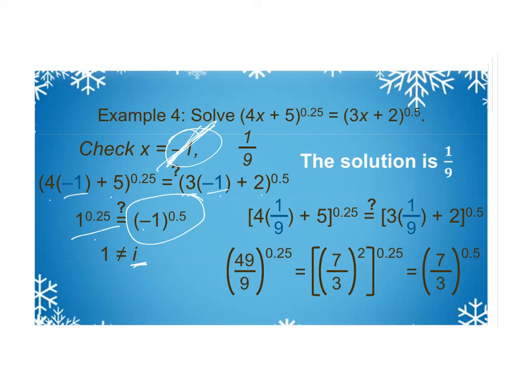1/9. We plug in 1/9. This becomes 4/9. But I have to change the 5 to 9ths. 5 times 9 is 45, so I have 45/9.